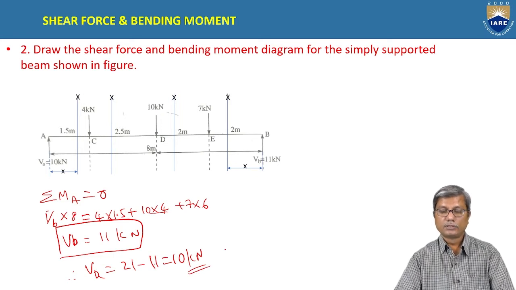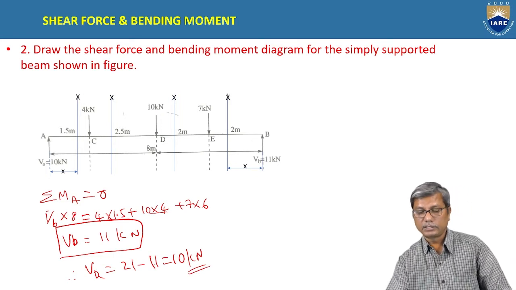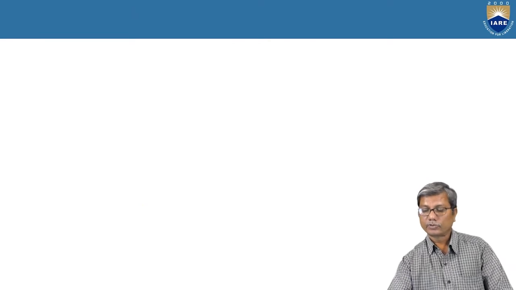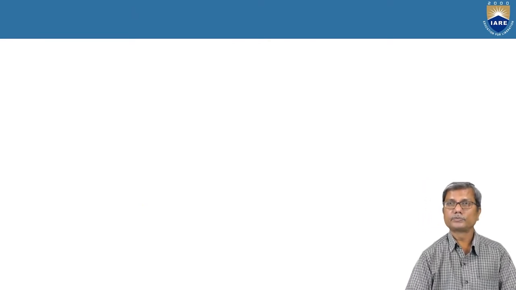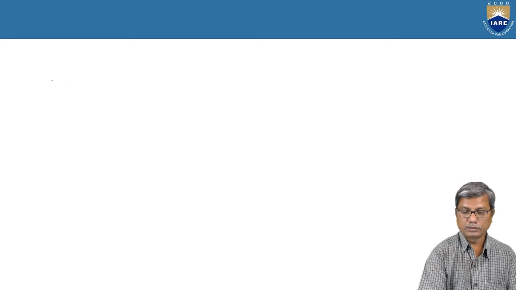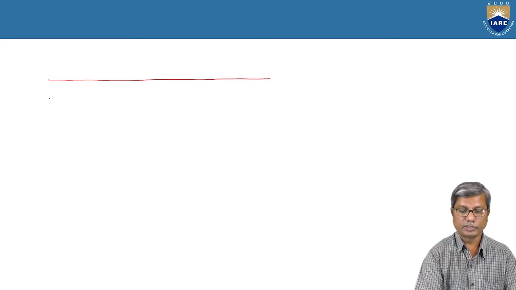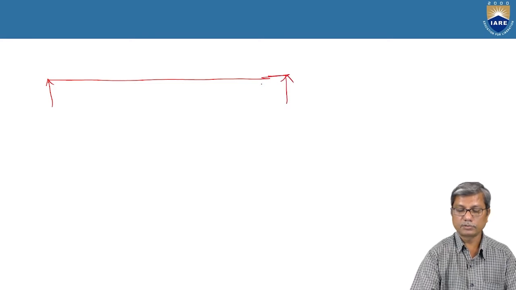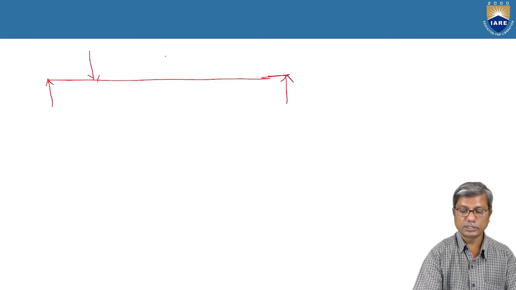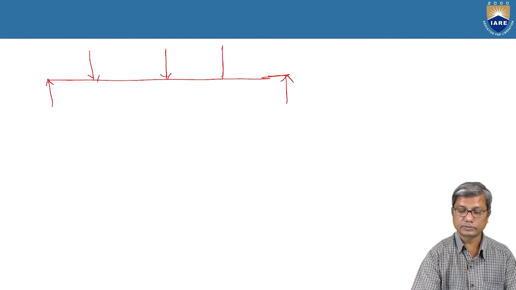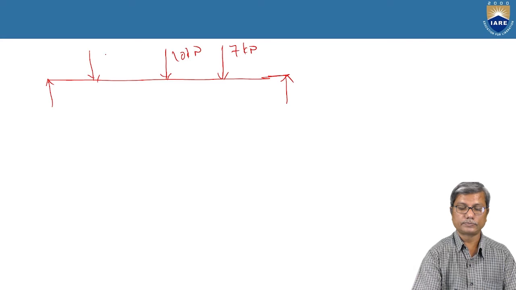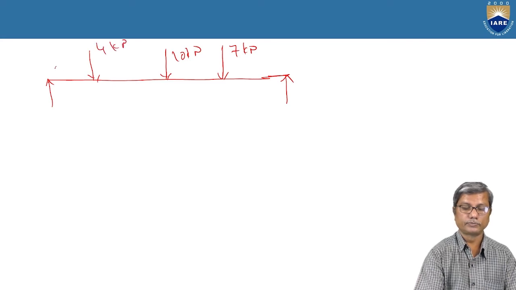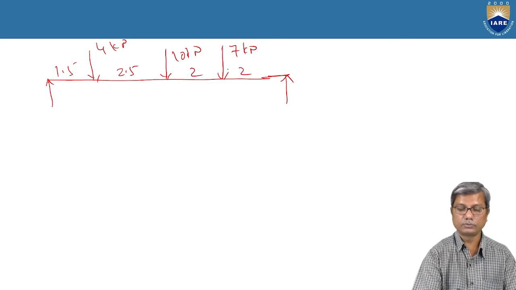Once you find these reactions, we draw the shear force and bending moment diagrams for this. In a simply supported beam, first we find the reactions. And the loads are 7 kilonewtons, 10 kilonewtons and 4 kilonewtons, at 1.5, 2.5, 2 meters.